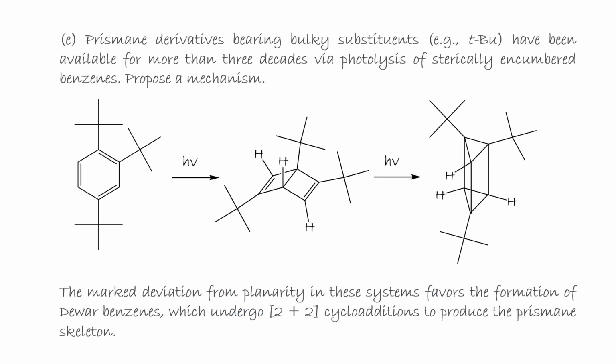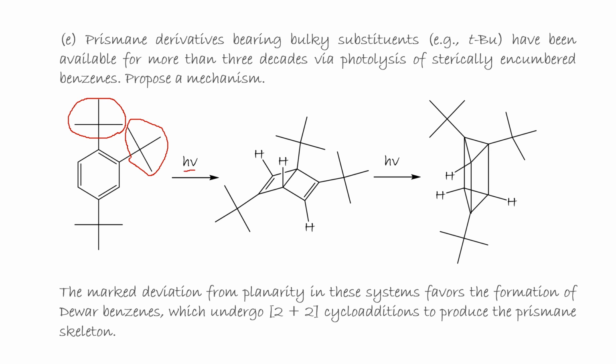Prismane derivatives bearing bulky substituents have been available for more than 3 decades via photolysis of the tri-tert-butylbenzene derivative. Propose a mechanism. So when we have here tertiary butyl, this molecule is a little bit out of plane.